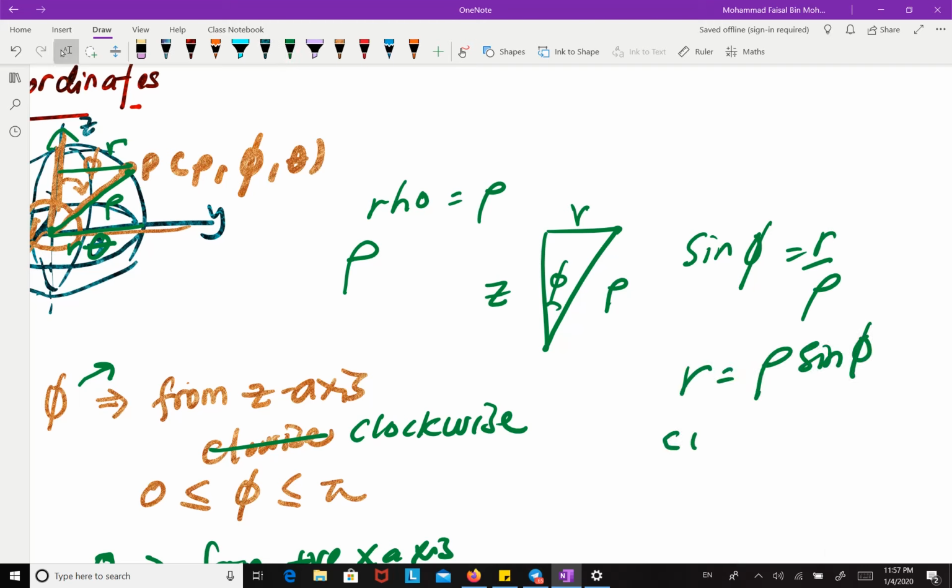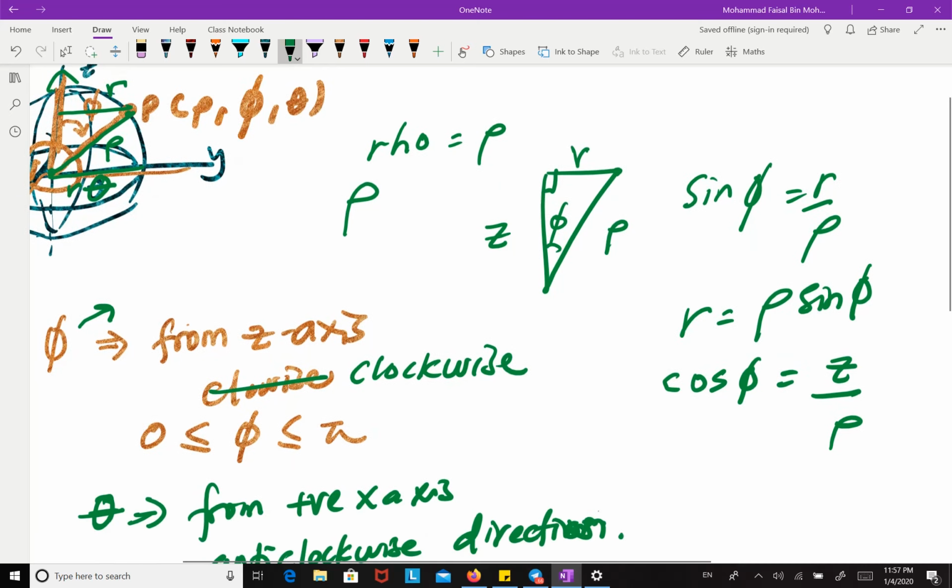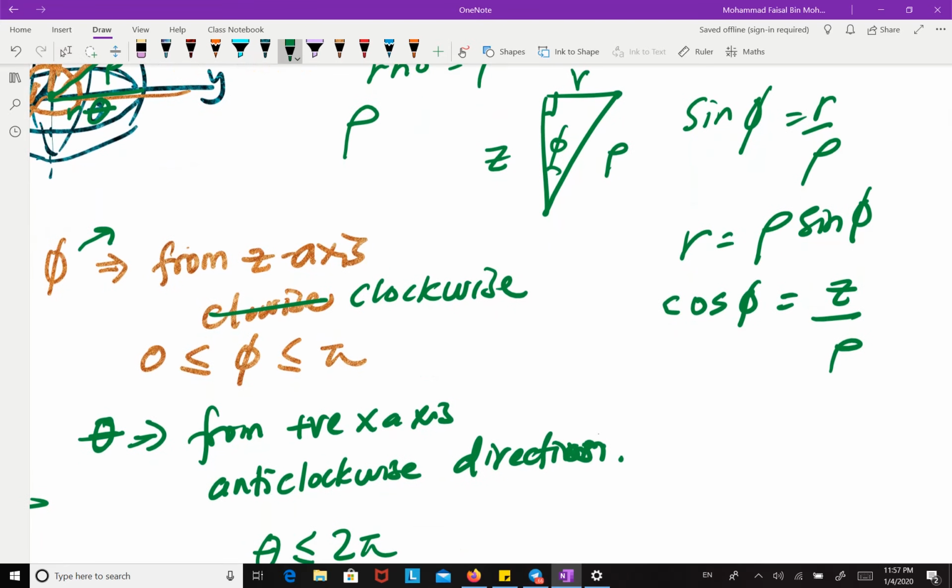Cos phi is Z over rho, adjacent over hypotenuse, so Z is equal to rho cos phi.